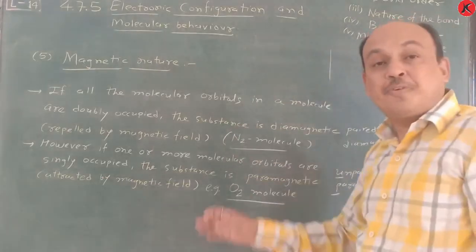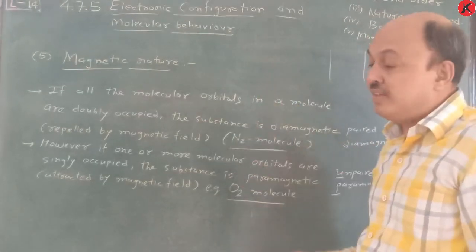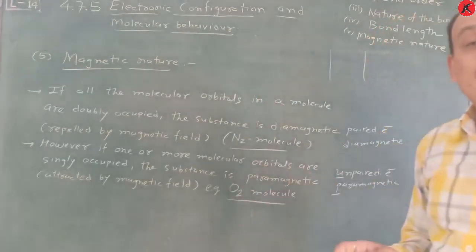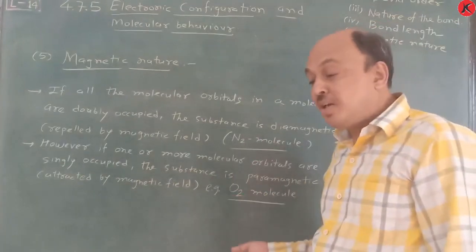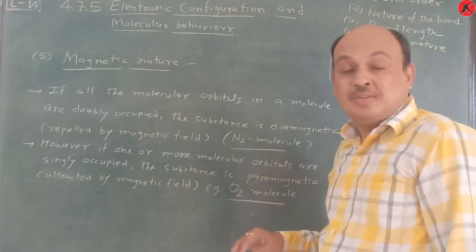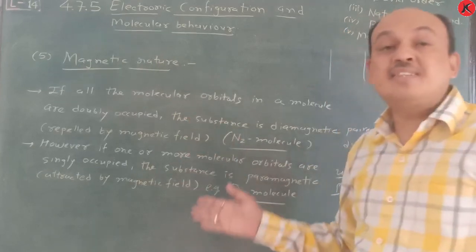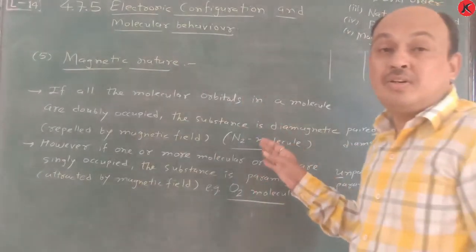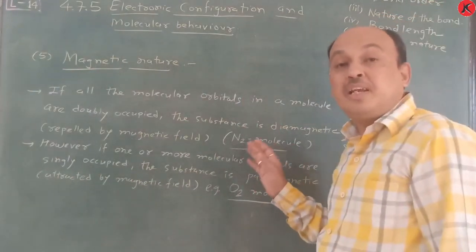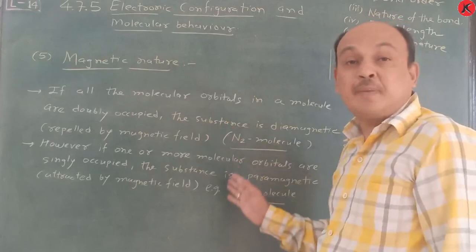So here lecture number 14 we complete, and now we see a very important topic, energy. So molecular orbital diagrams of particular molecules, which are given in your NCERT textbook. Just draw that. It carries 4 marks or it may be 3 marks, according to the paper setter.